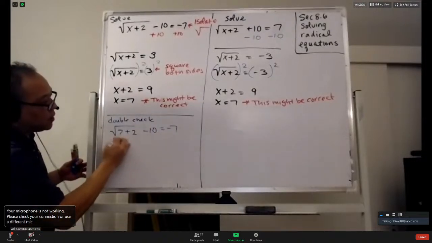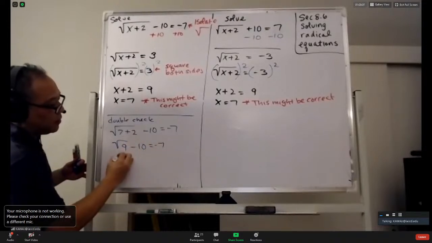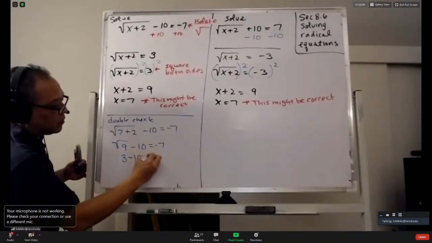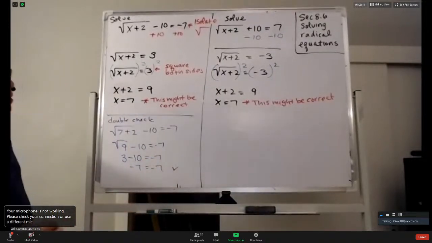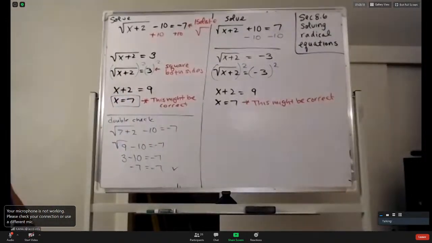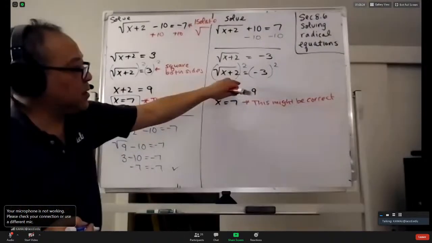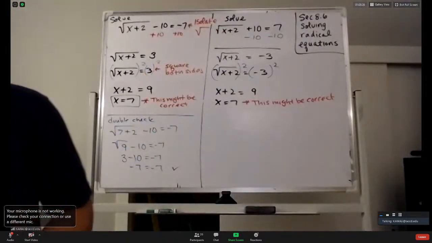So I get square root of 9 minus 10 is equal to minus 7. 3 minus 10 is equal to minus 7. Minus 7 is equal to minus 7. We're good. That's correct. So go ahead and try the same thing on this side. Plug this 7 into here and see if you get the right answer.